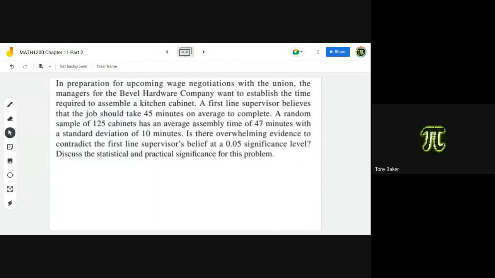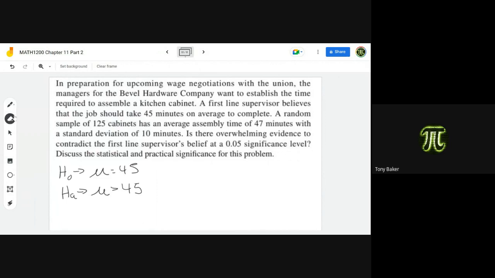What's the answer? Couldn't you tell just by looking at it? What's my null hypothesis? It's 45. My alternate hypothesis: the workers are saying it's greater than 45.